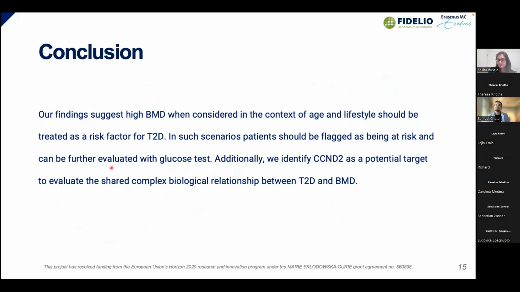And to conclude, we suggest that higher bone mineral density, when considered in the context of age and lifestyle factors, of course, should flag these patients as being at risk for type 2 diabetes, and they can be followed up with glucose tests. And lastly, we identified CCND2 as a potential target to evaluate the shared biological relationships between type 2 diabetes and bone mineral density.